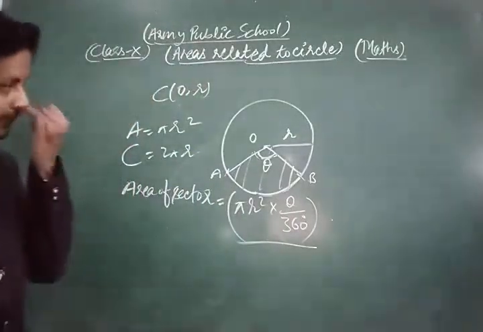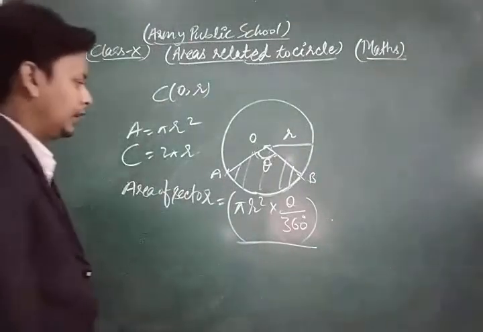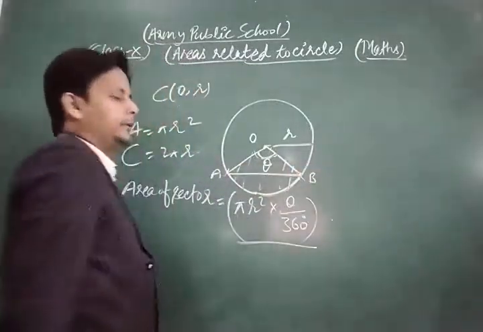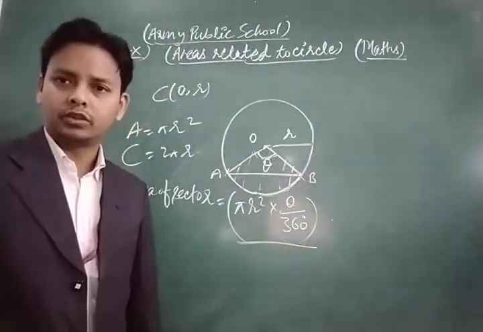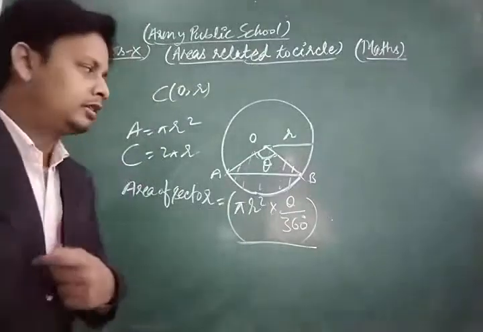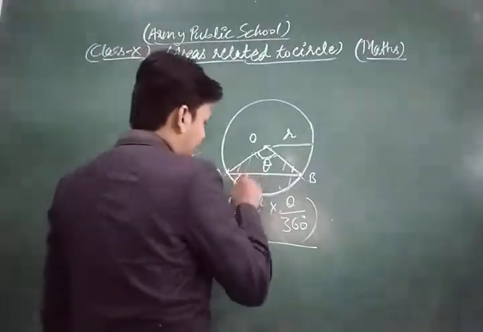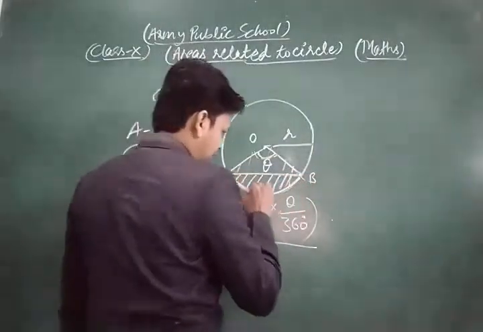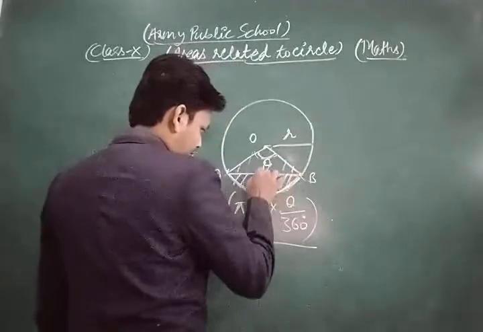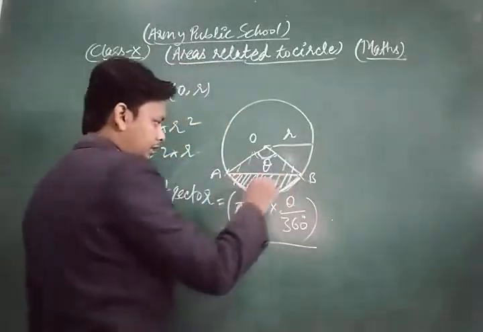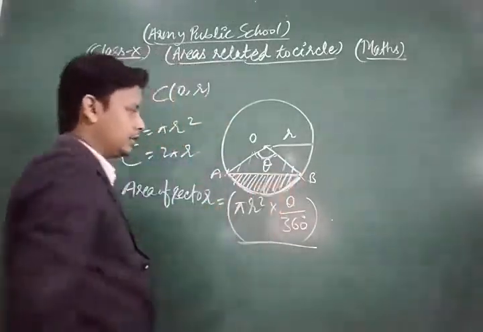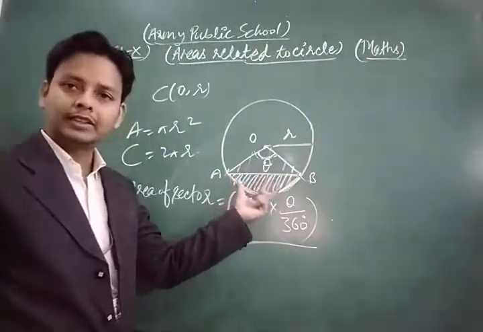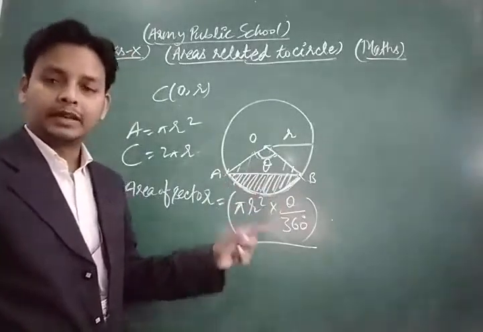And what is the concept of a segment, dear friends? If we join AB, AB is a chord of the circle. So the region bounded by an arc, this one, and a chord of the circle, this one, is called a segment. This is the minor segment.